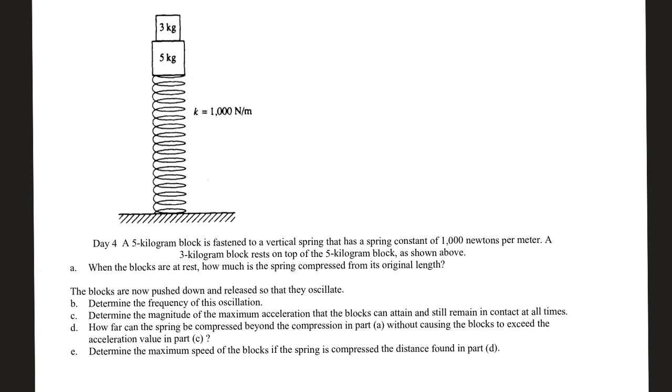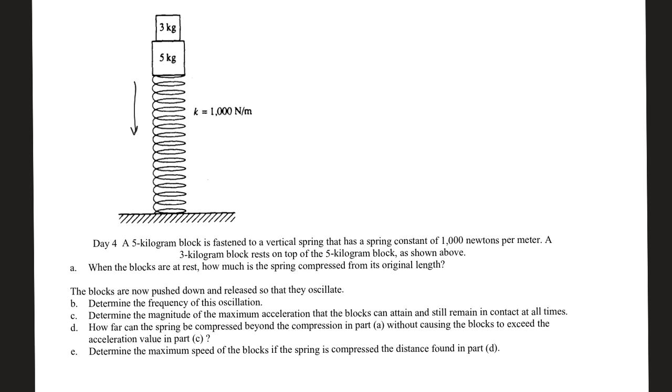In this one, there are two blocks placed on top of each other, and it is started at the relaxed position of the spring. That's where they release the system. And they also talk about pulling it down and releasing it. They ask several questions, but one of them is how far can you pull the weight down so that when it oscillates, this box doesn't leave the surface of the bottom box. You want them to not separate.